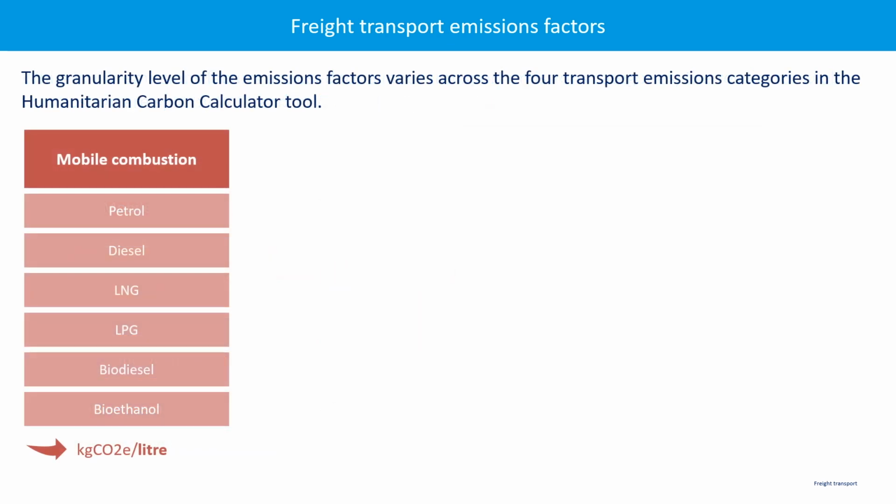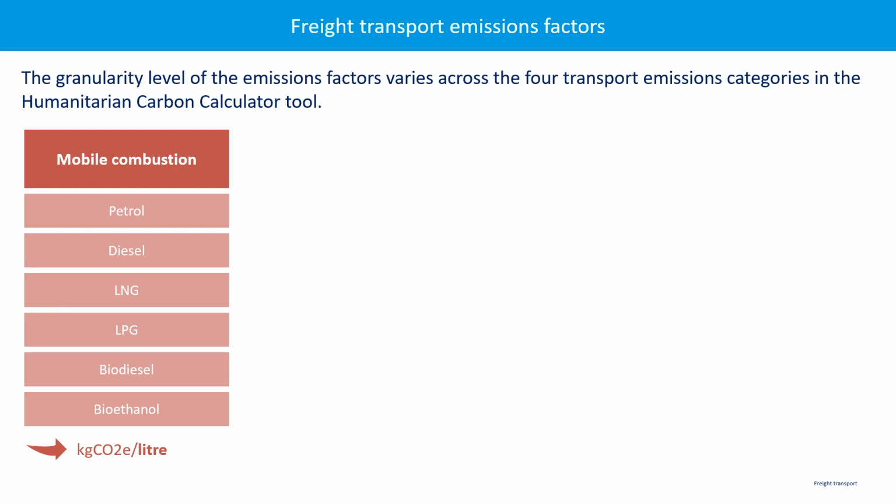So you now know that the emissions factors in the Humanitarian Carbon Calculator tool are all well-to-wheel emissions factors. Next point I would like to cover is what do the emissions factors represent exactly? What is their level of granularity? Well, this varies across the 4 emissions categories that we have for transport.